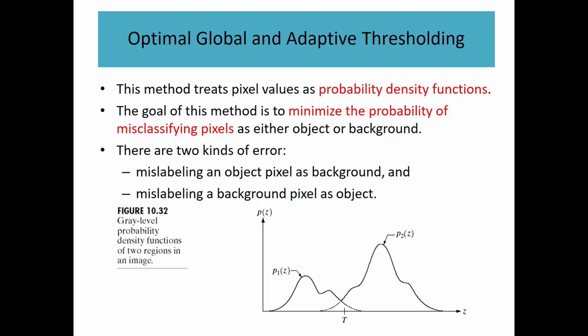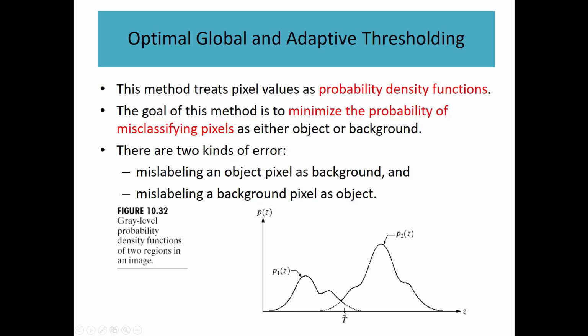This method treats pixel values as a probability density function. The goal of this method is to minimize the probability of misclassifying a pixel as either object or background. There are two kinds of error: mislabeling an object pixel as background and mislabeling a background pixel as an object.